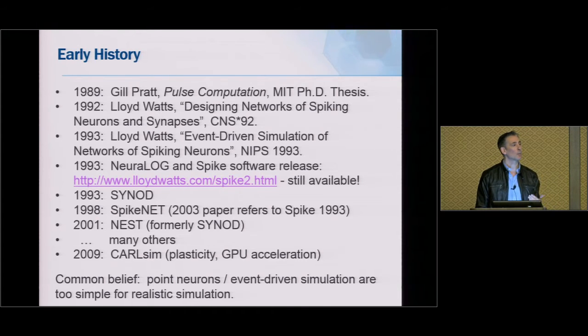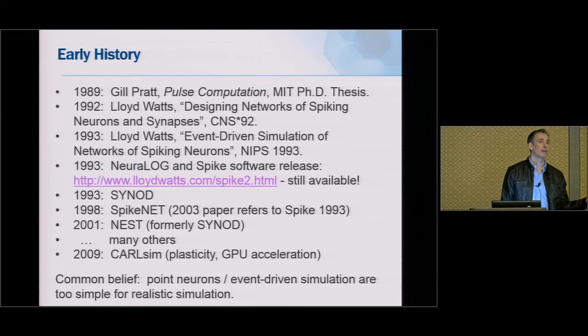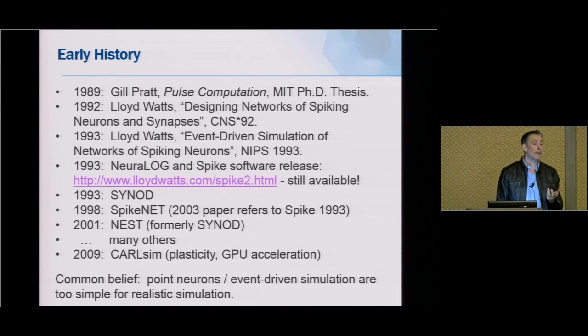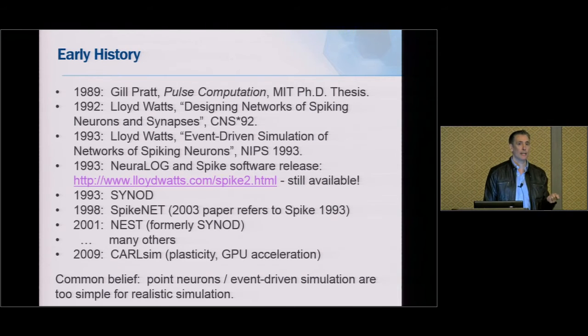I think there's a general perception in the community that that's too simple a model to do anything realistic. That's the point of this talk, to show you how far you can get with such a simple primitive, provided that you're willing to concatenate and conglomerate some of those primitives into more interesting and useful larger functions.